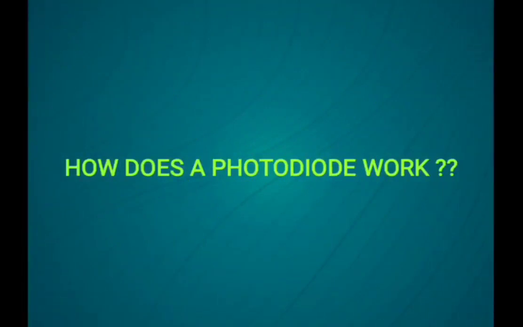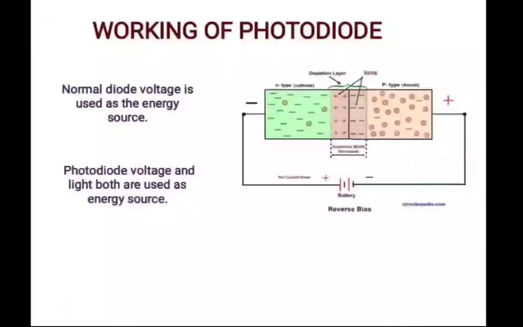Let us understand how it works. The working of a photodiode is almost similar to the normal PN junction diode. In a normal diode, voltage is used as the energy source to generate electric current, whereas in a photodiode, voltage and light both are used as energy source.